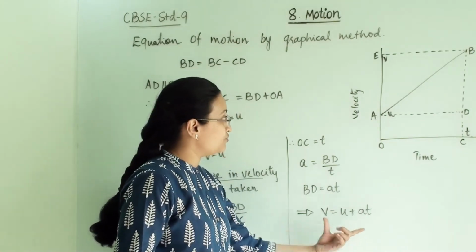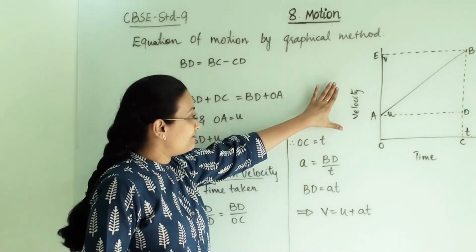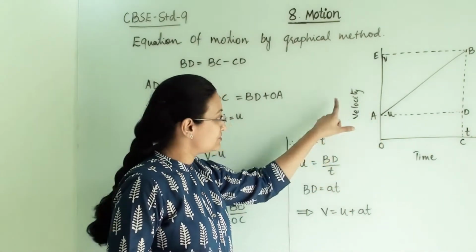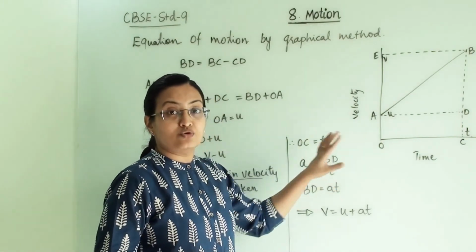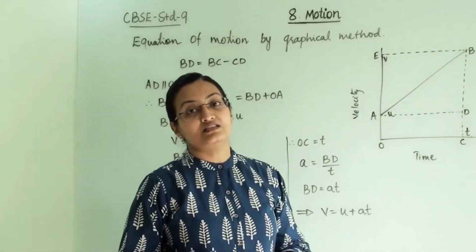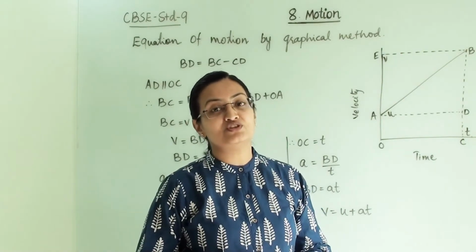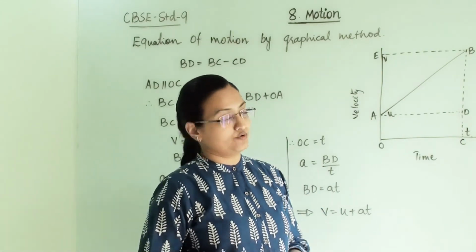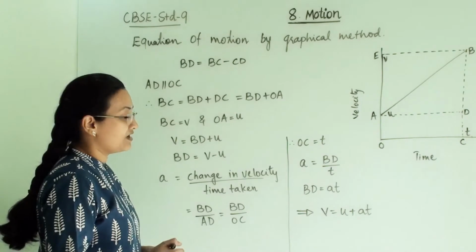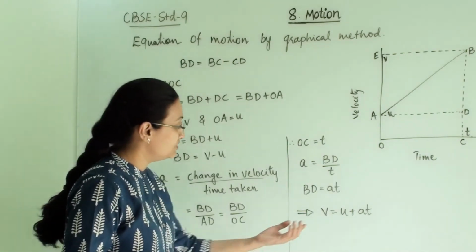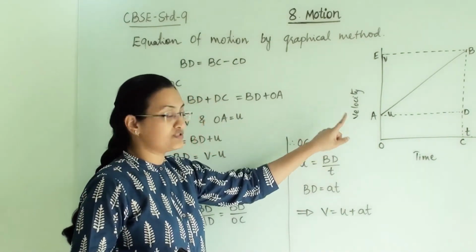We are going to prove this equation via the velocity-time graph. This content is under the CBSE Standard 9 syllabus, from chapter 8, Motion. So let us find out how we are going to prove this equation via the velocity-time graph.